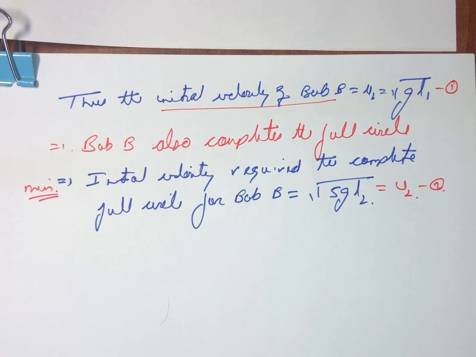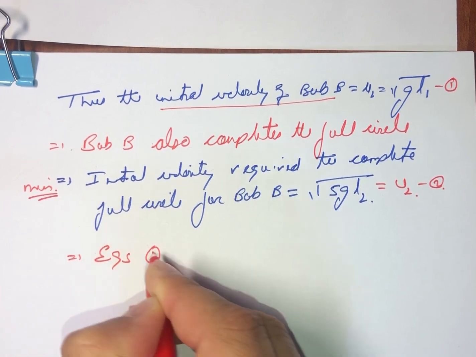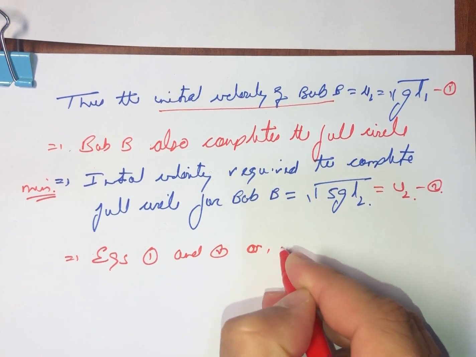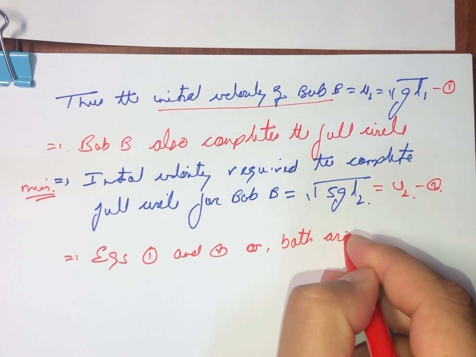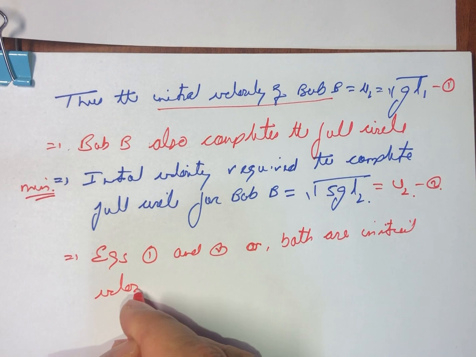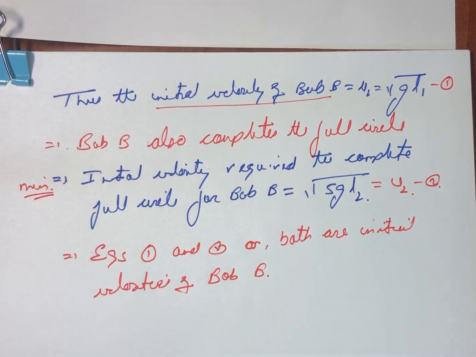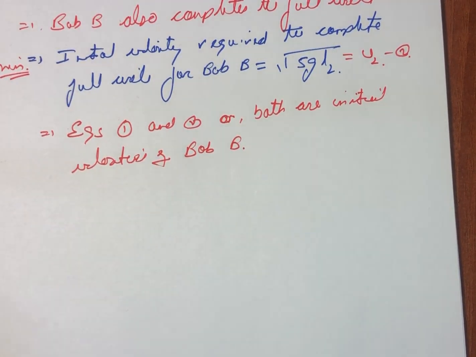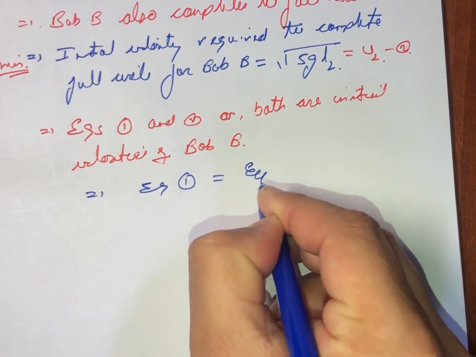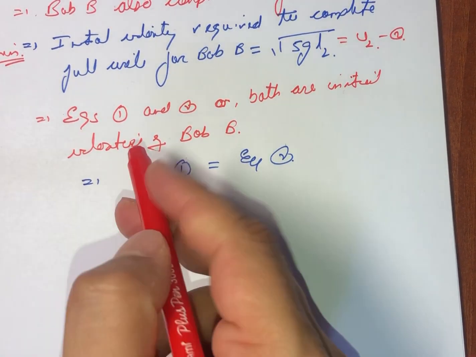Equations 1 and 2 are both initial velocities of bob B, therefore equation 1 is equal to equation 2, so we can equate them.